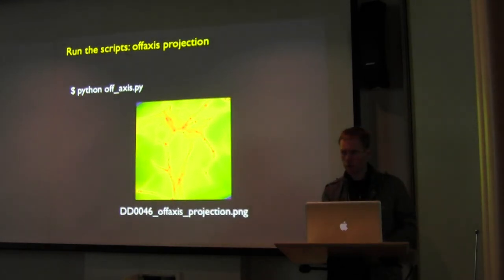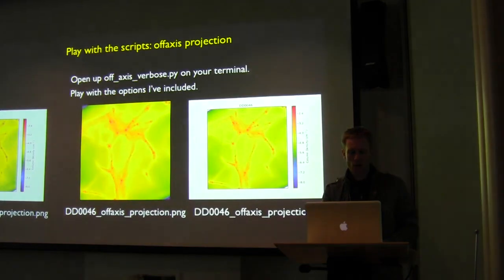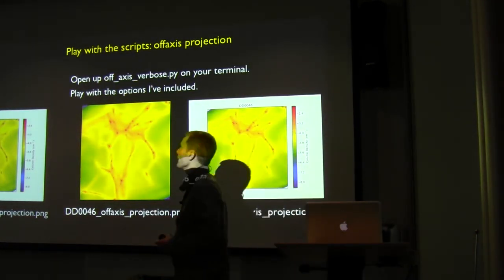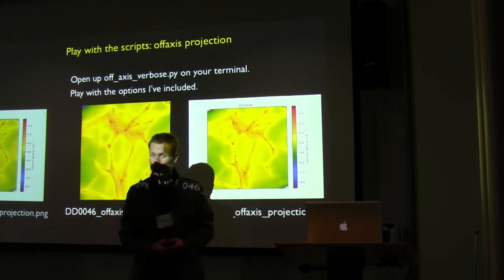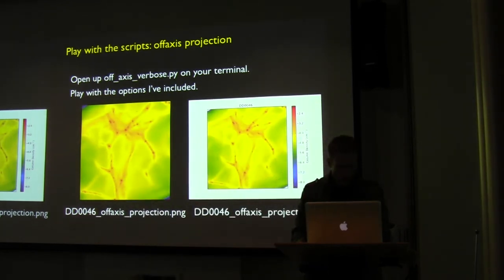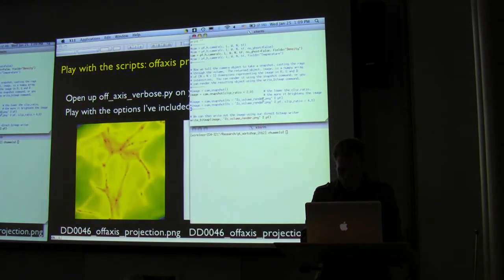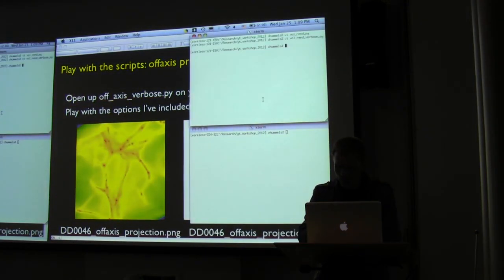So has everyone been able to run that and produce something that looks like that? Okay, so for this one, again, go ahead and play with offaxis_verbose. I guess I haven't even really defined it. It's a very similar script.